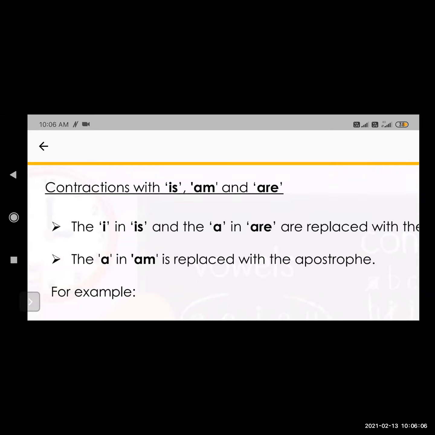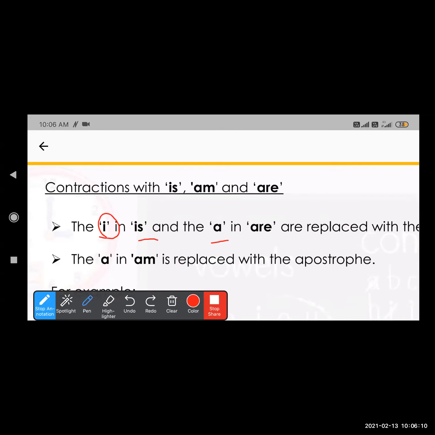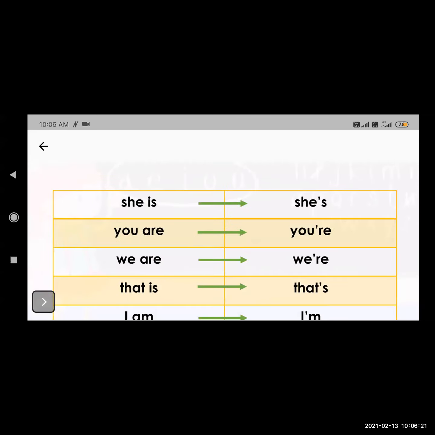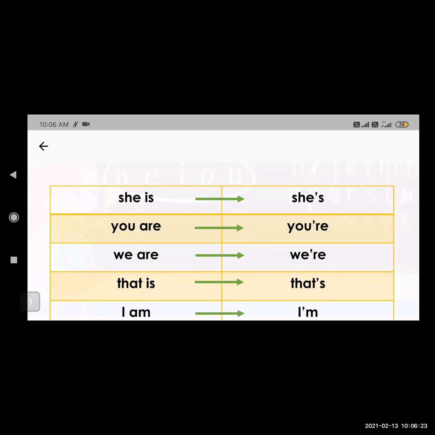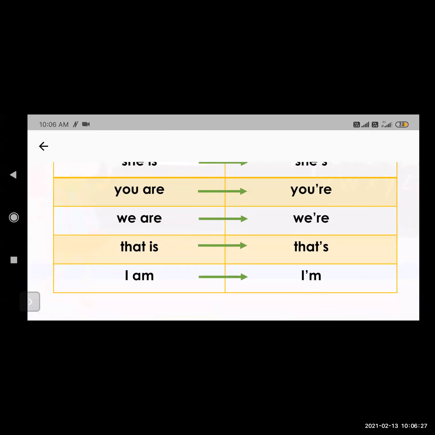Keep in mind: i from is and a from are. Now a from am is replaced with the apostrophe. Like she is, she's; you are, you're; we are, we're; that is, that's; I am, I'm.